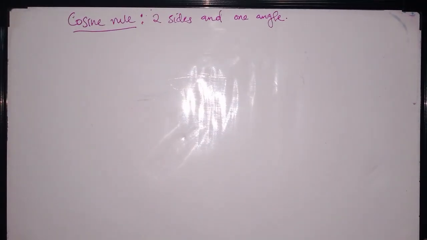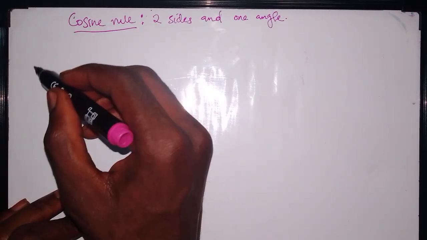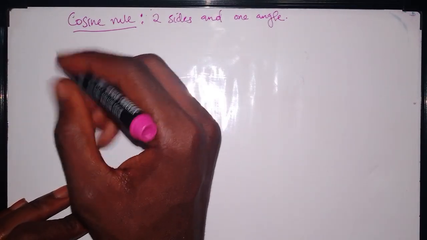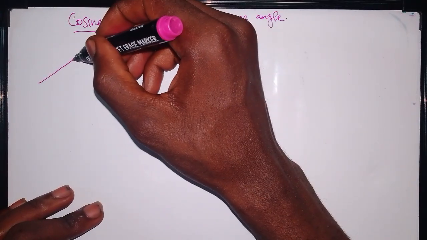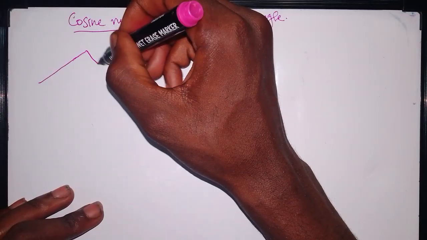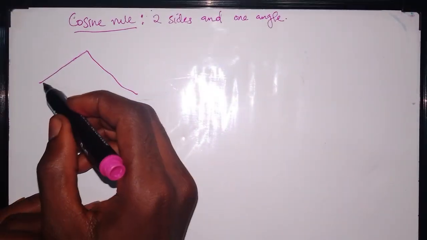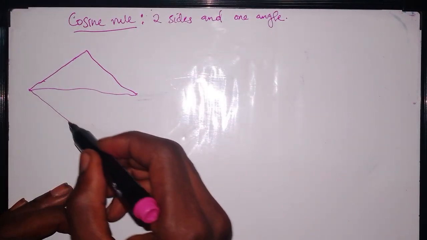Let's look at some of the triangles in which you can use the cosine rule. The first triangle in which you can use the cosine rule is this one. This triangle came in 2024, so be sure to check it. Now that you know it's the cosine rule we use to solve.